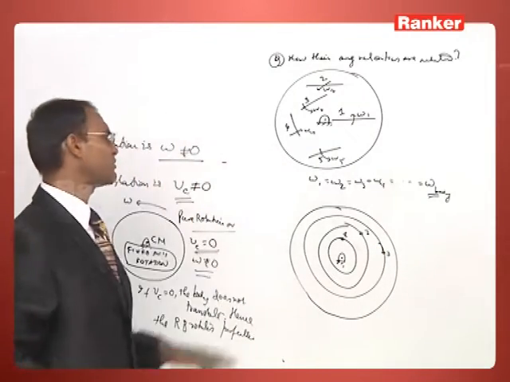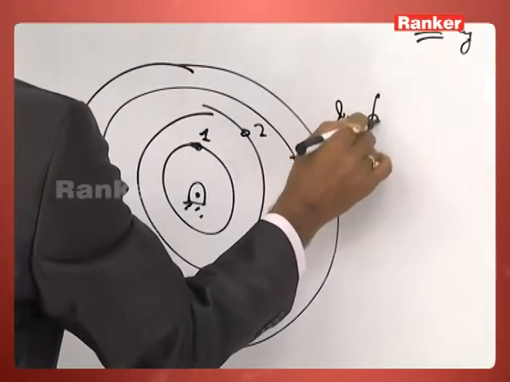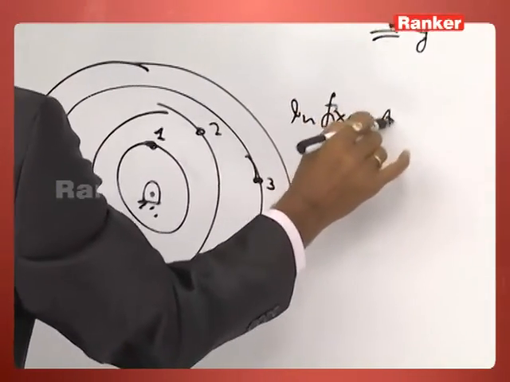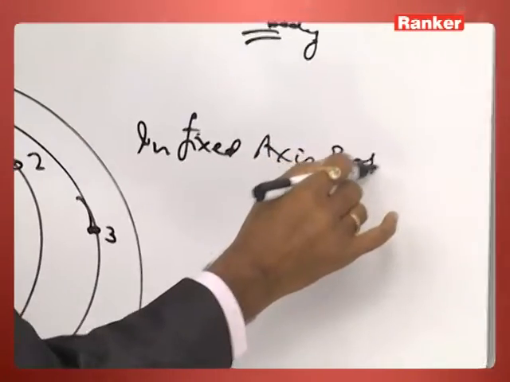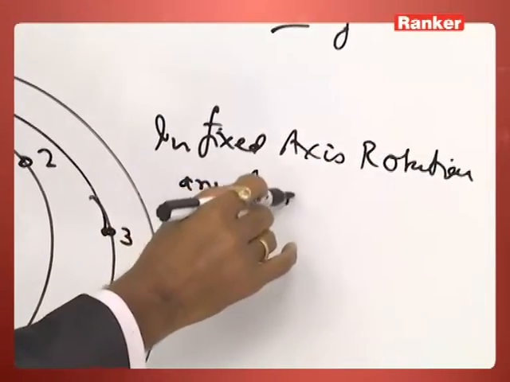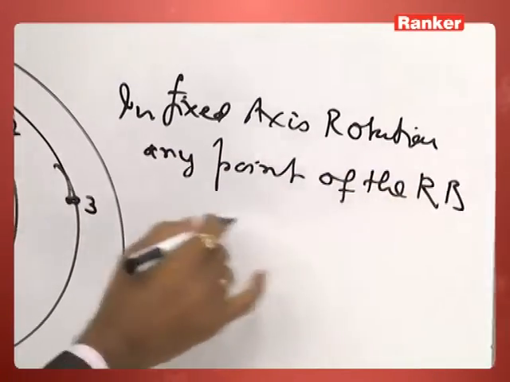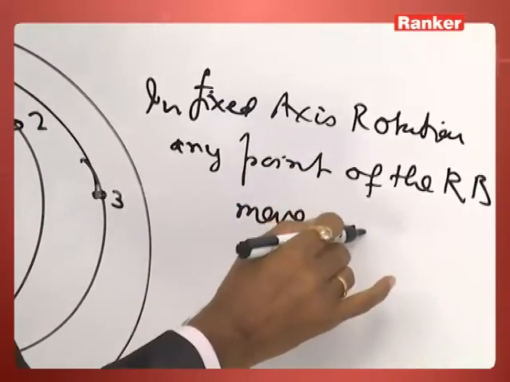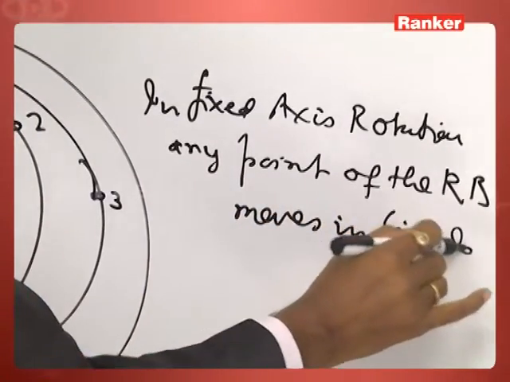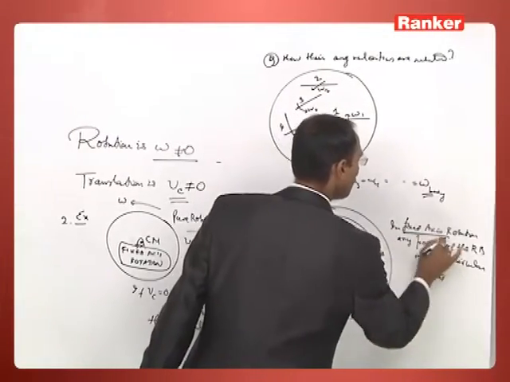All the particles are moving in circular paths. In fixed axis rotation, any particle or any point of the rigid body moves in circular paths. Only in fixed axis rotation.